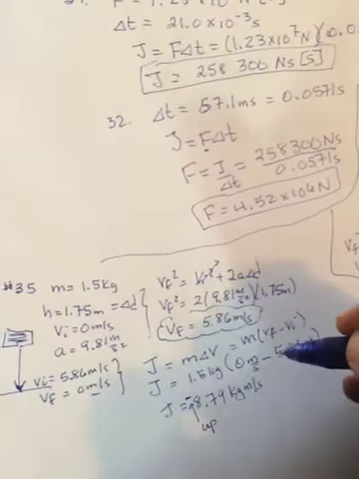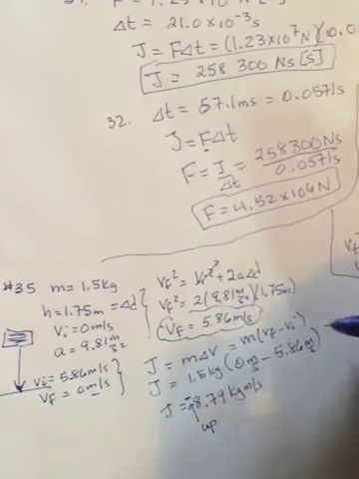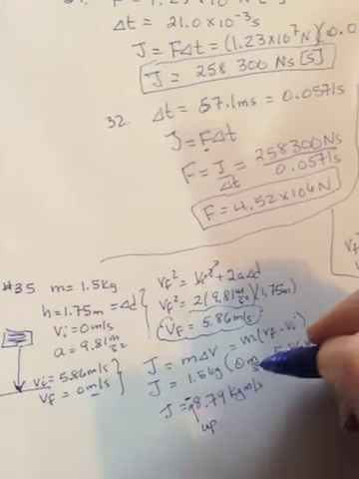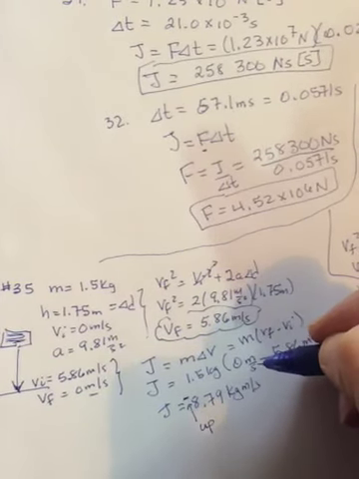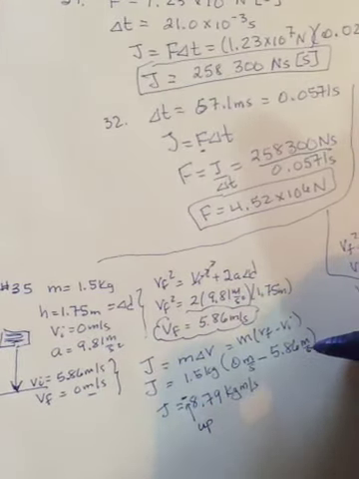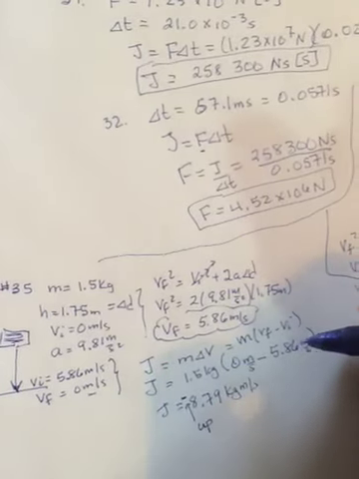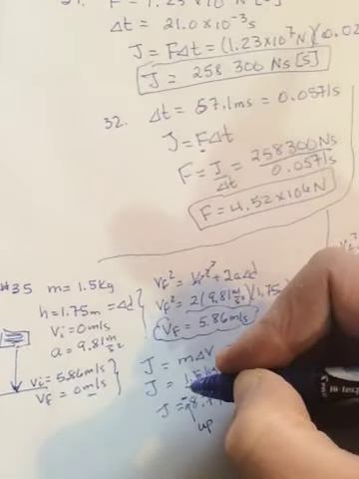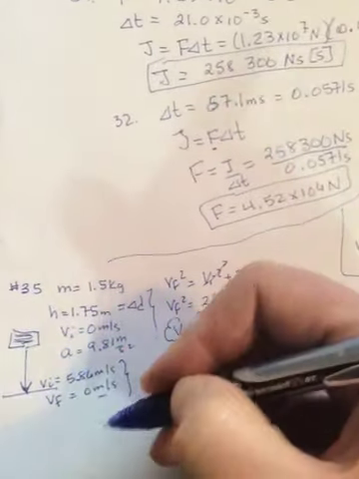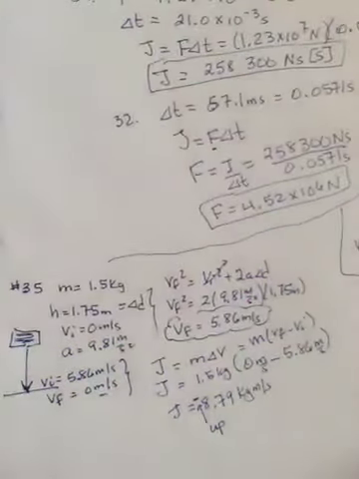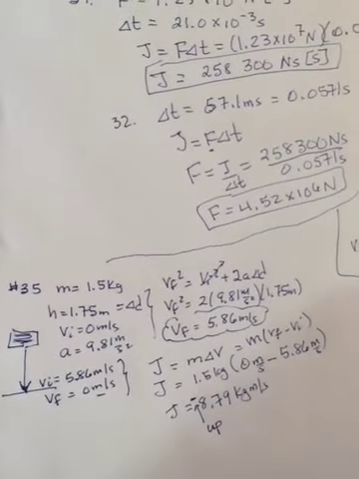But that's not right, because it's always final minus initial, and after the book hits the floor, it stops. And so the final is 0, and just before it hits the floor, it's 5.86. So the impulse should be up because the book's going down. If you want to stop it, it needs to have an impulse in the opposite direction.